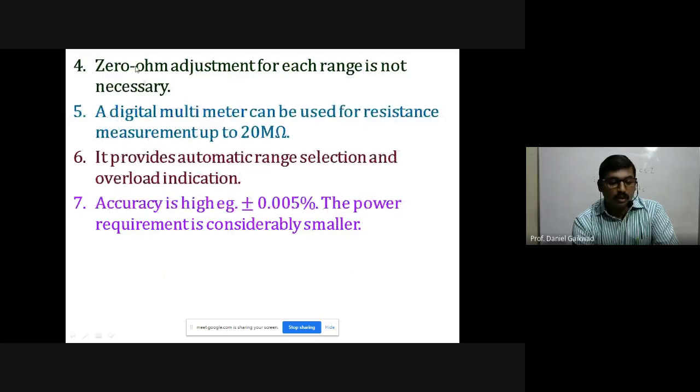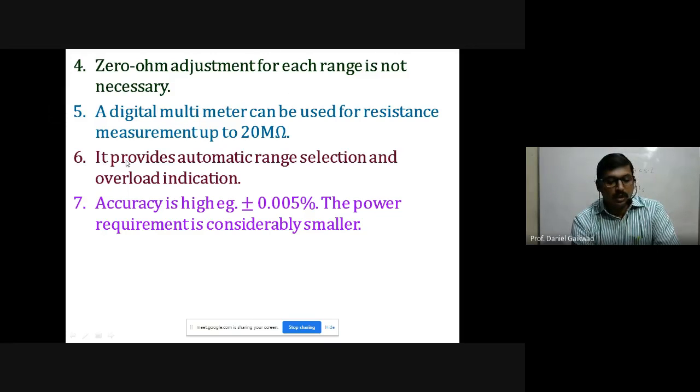The signal is adjusted automatically. Number fifth, a digital multimeter can be used for resistance measurement up to 20 mega ohm, and setting of zero is not required in case of digital, but in case of analog we require the zero setting adjustment.